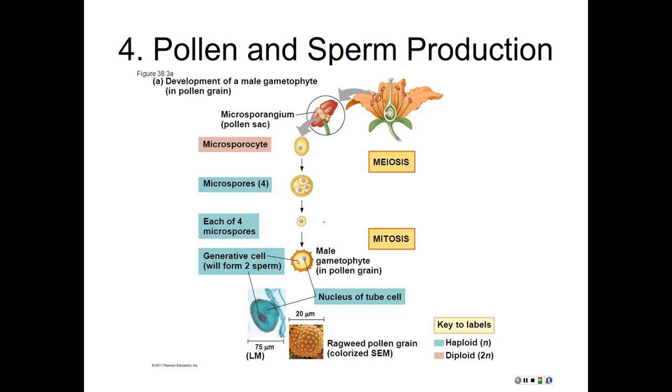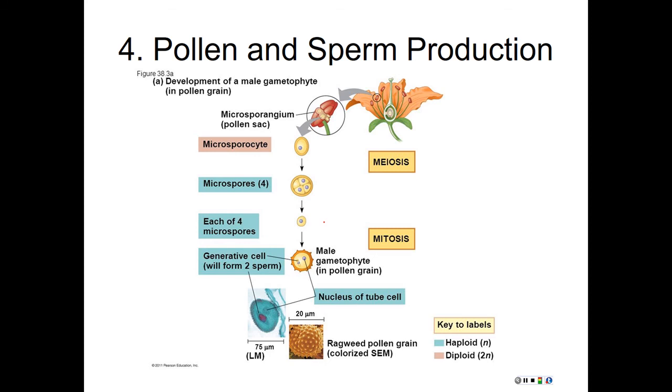All right, let's talk about pollen and sperm production. So again, this is a heterosporous life cycle. So if megaspores make eggs, microspores are going to make the sperm.